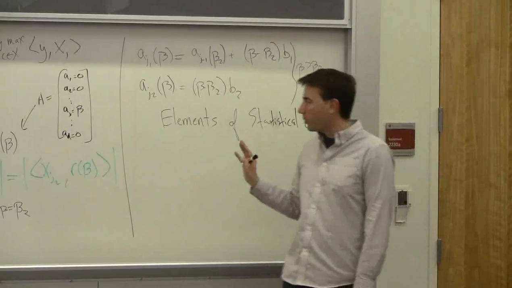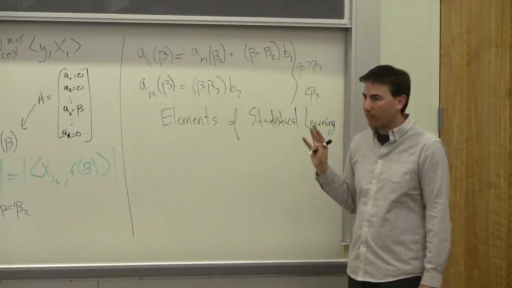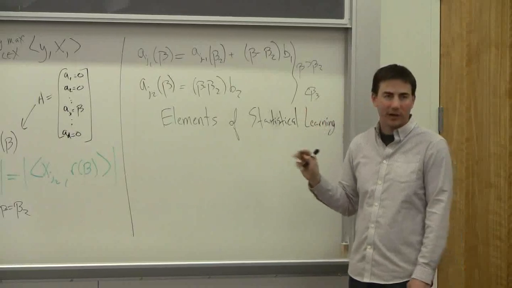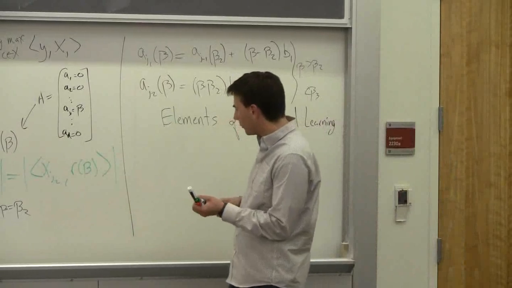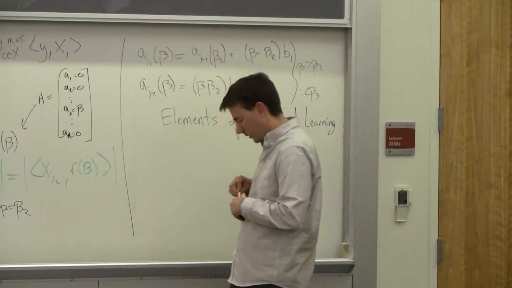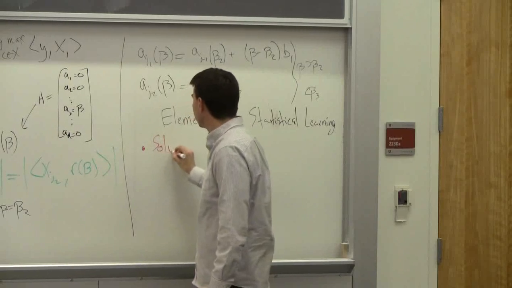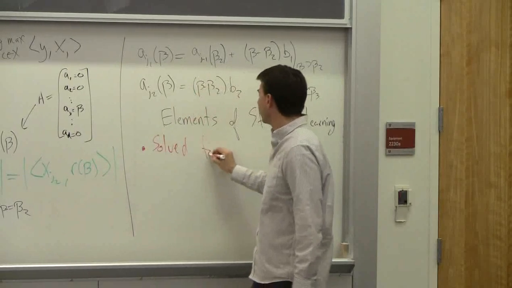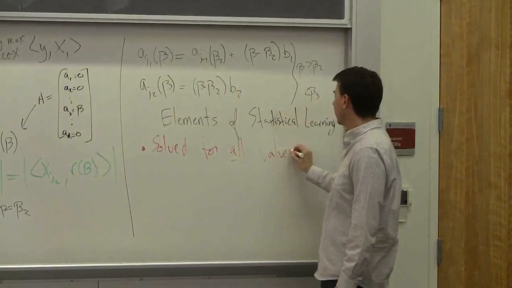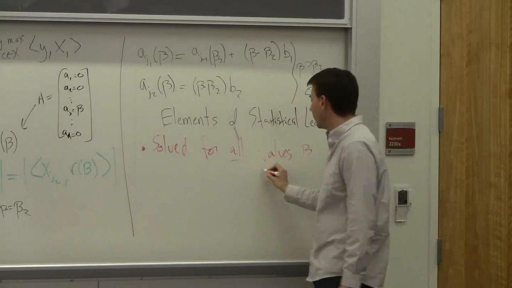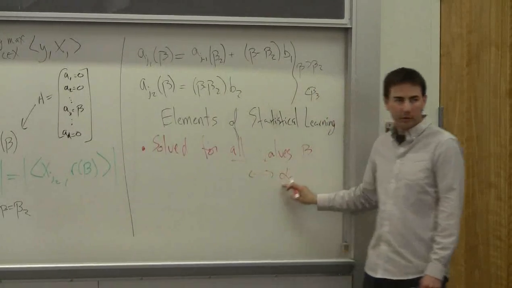Okay, but there are a couple of points I want to bring up that are important things to emphasize in this algorithm. Okay, so the first one is that I had solved for all values of beta, and likewise all values of alpha.